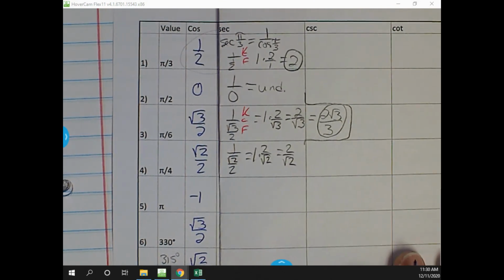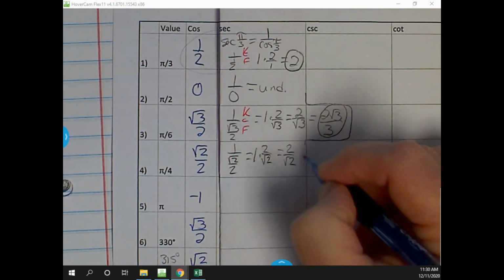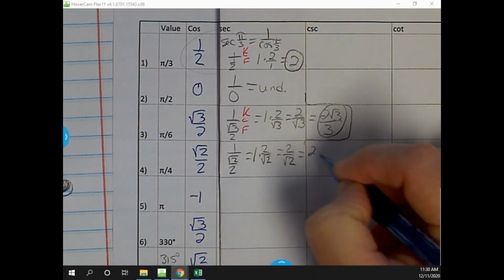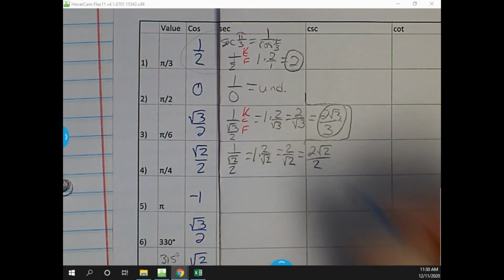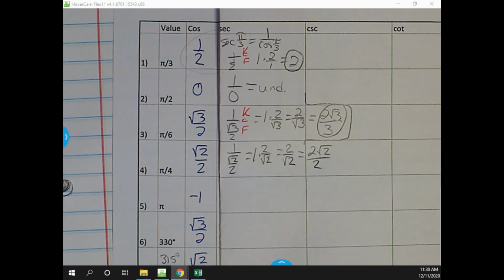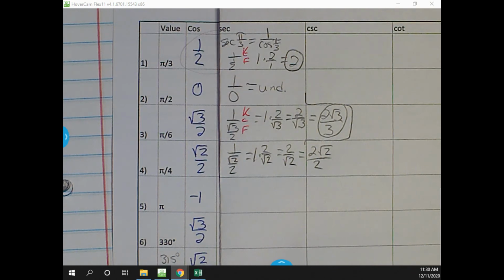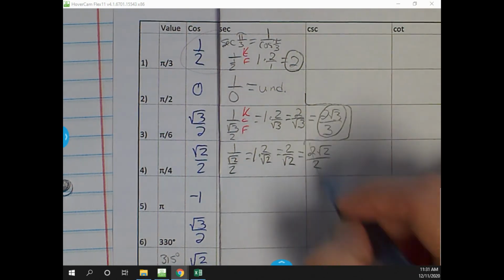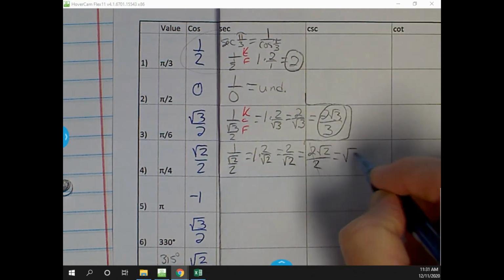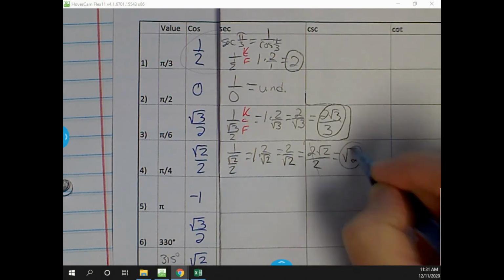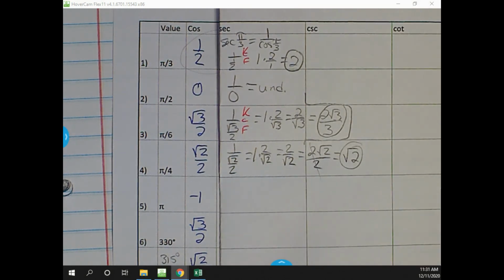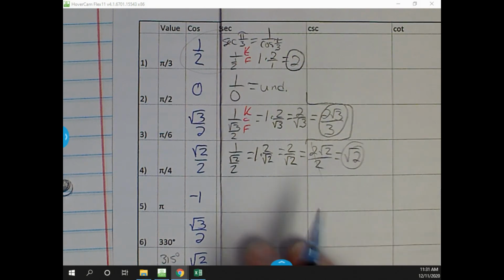And again, if we rationalize it, we're going to move the square root of 2 from the bottom up to the top. So we move the square root of 2 from the bottom to the top. On the bottom, we take off the square root and leave the 2. And since you've got 2 over 2, you can cancel out those 2's and make it just square root of 2. Okay, now I realize we went in the cosecant here, but that's fine because we won't need that part for later for what we're doing.